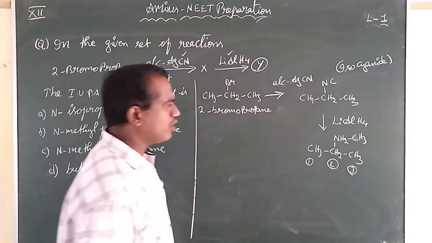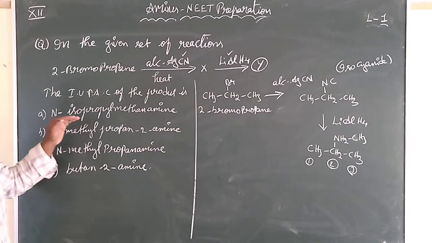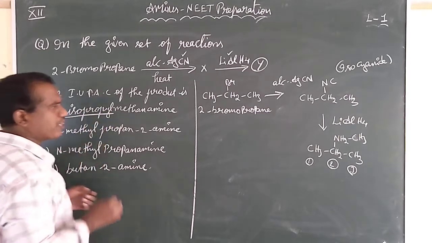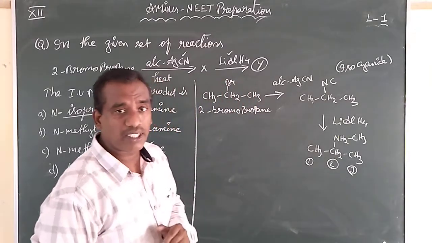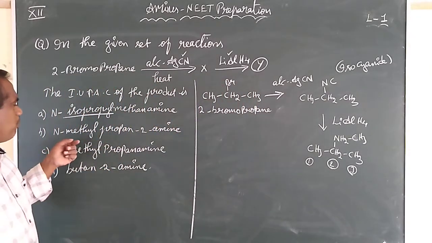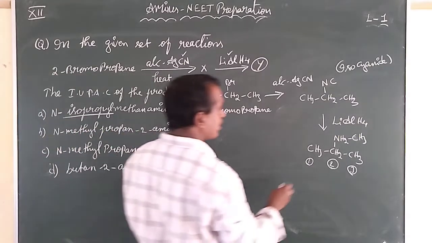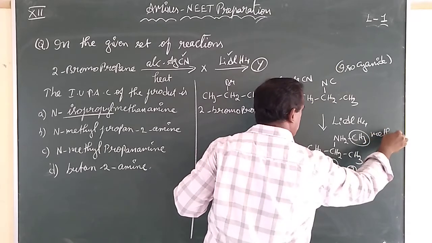So, based on this, you try to study the names. N-isopropyl methanamine: yes, correct, this is isopropyl only, but that is a common name, not the IUPAC name. N-methyl propan-2-amine: can you see here, for this nitrogen, methyl is there.